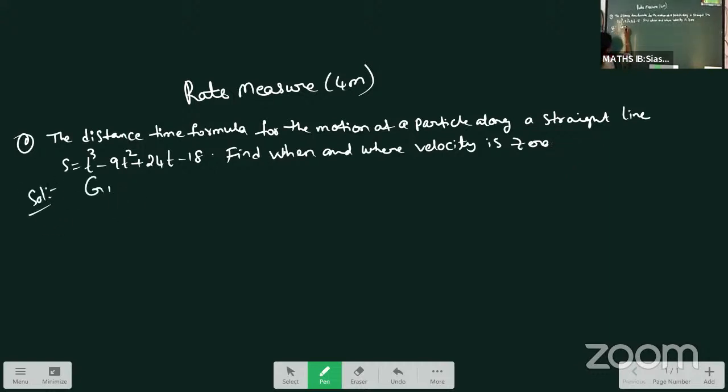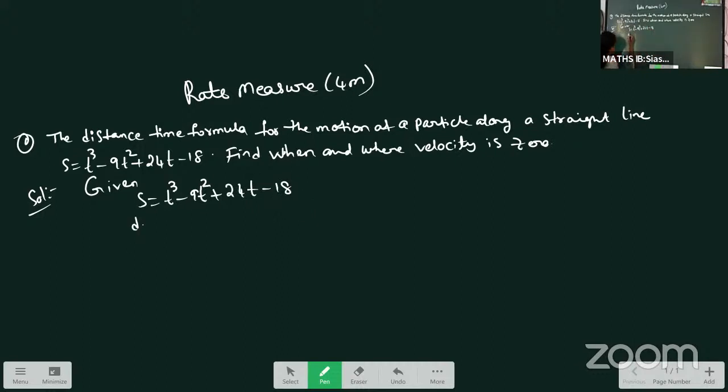Given s is equals to t cube minus 9t square plus 24t minus 18. With respect to time, we have to differentiate.